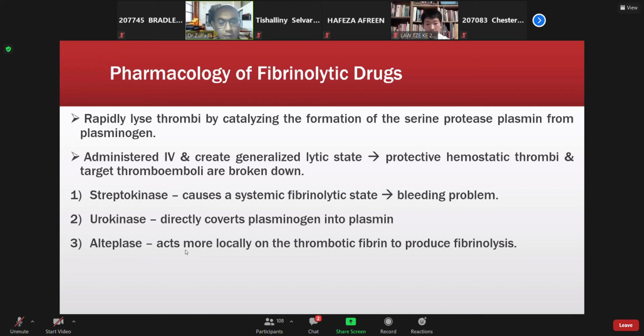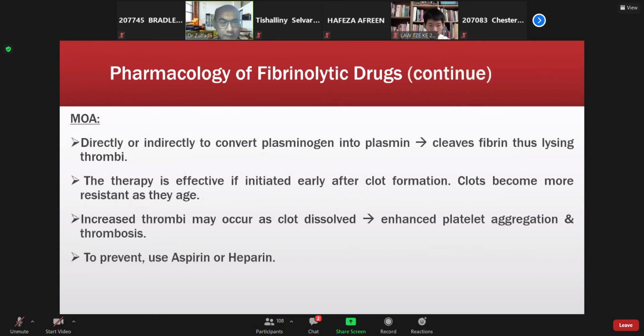Alteplase acts more locally on the thrombotic fibrin to produce fibrinolysis. As for the mechanism of action of these three drugs, they directly or indirectly convert plasminogen into plasmin, to cleave the fibrin, thus lysing the thrombi.